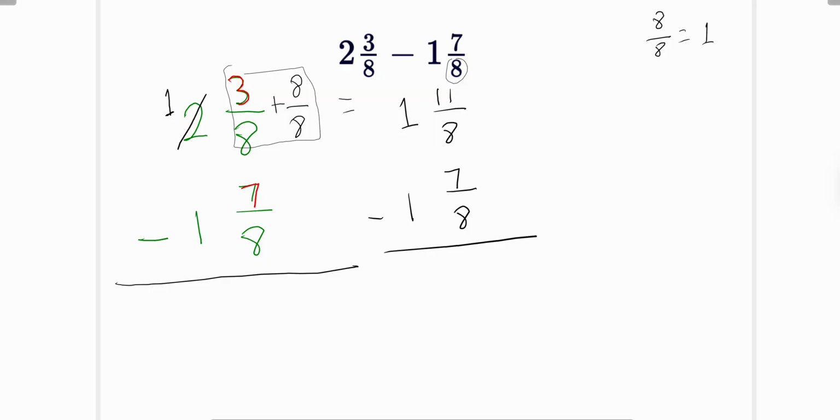Now with the numerators, I can really subtract. So 11/8 minus 7/8 is going to be 4/8. 1 minus 1, well, that's 0, but we don't have to put a 0 here. So the answer is going to be 4/8.